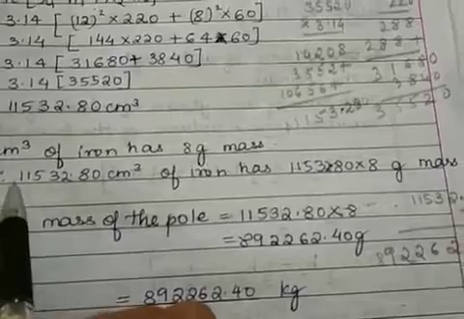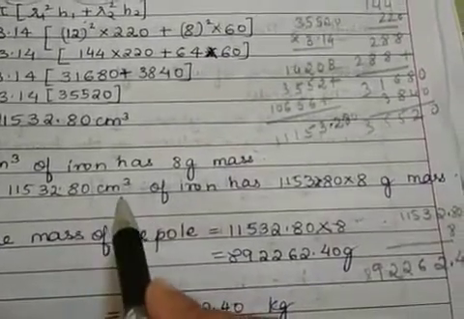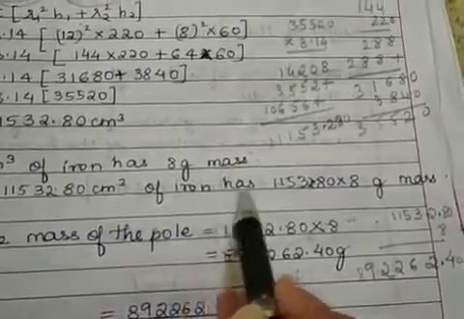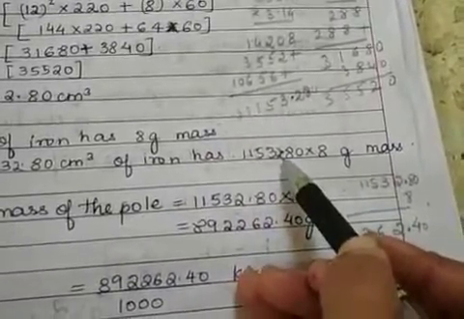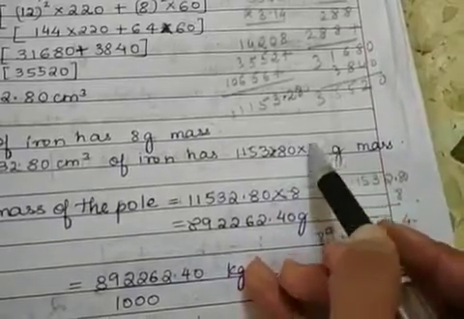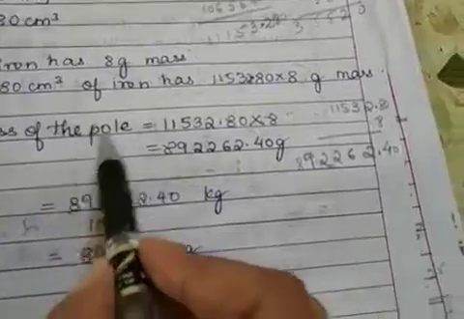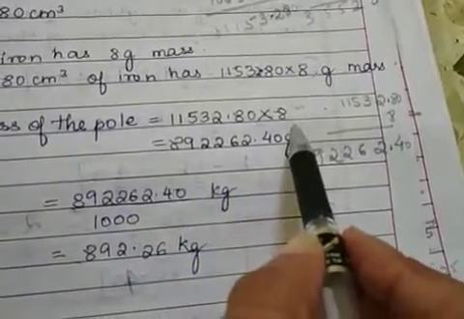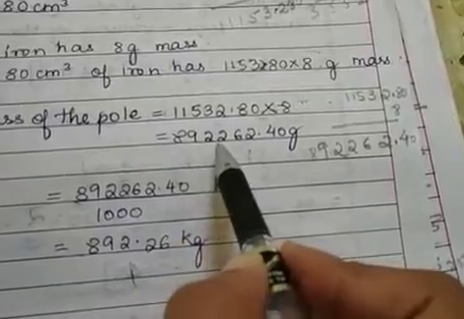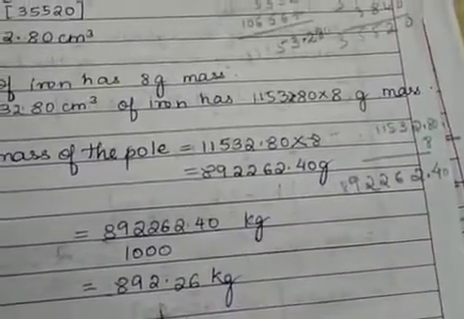So 11532.80 centimeter cube of iron will have how much mass in it? It will be 11532.80 multiplied by 8 grams mass. Therefore the mass of the pole will be 11532.80 multiplied by 8, which is 92262.40 grams.